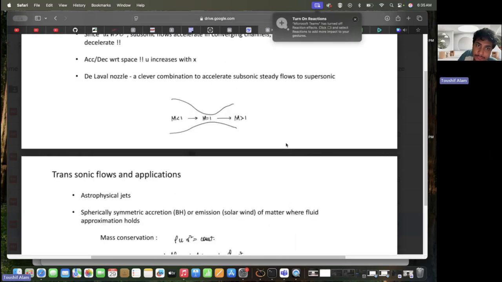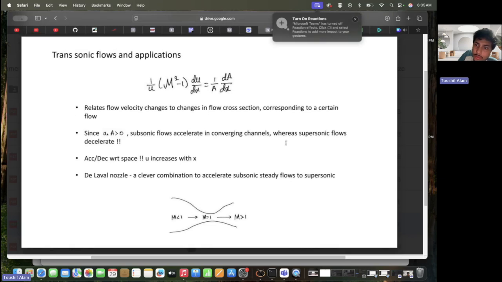So this is a very important nozzle. I'm leaving the slide here to give you some time to understand it. Okay.